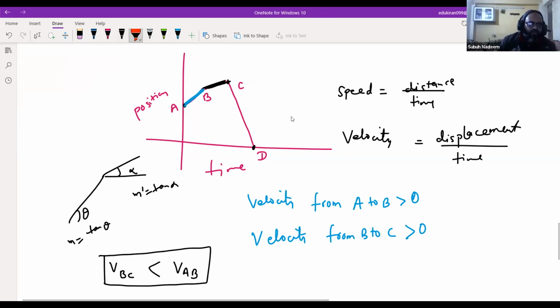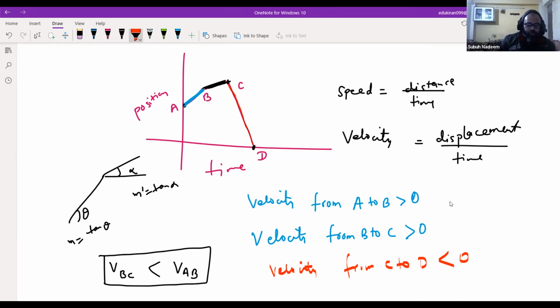Now velocity from C to D. The slope here is actually negative. So it is moving in the opposite direction. Like if a car has to move from home to work, positive velocity is as it gets closer and closer to the work.